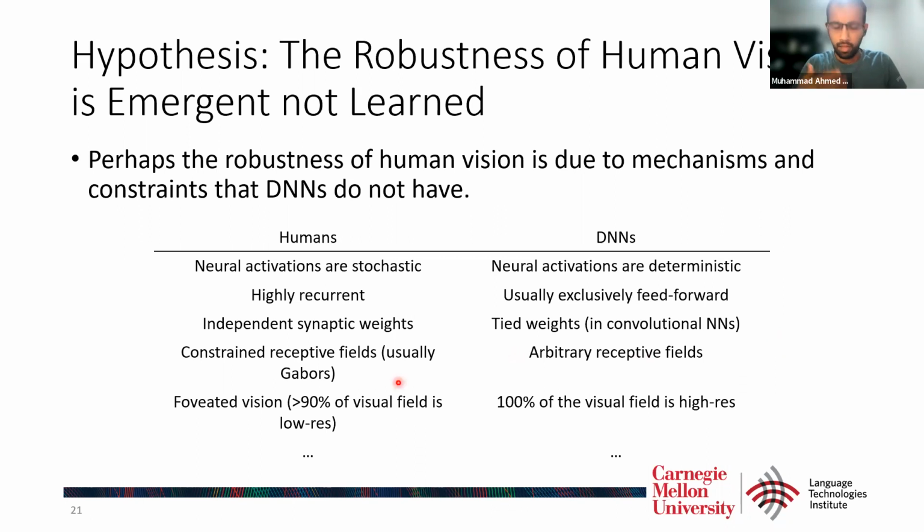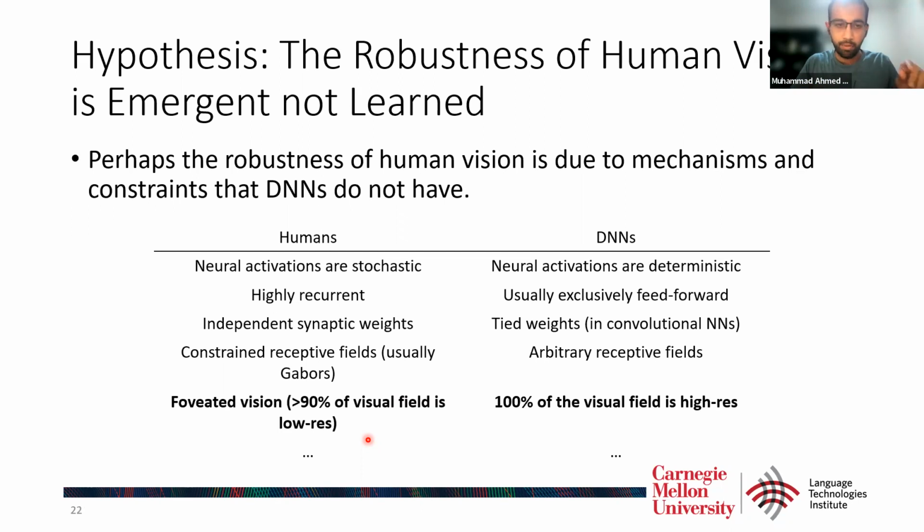Fourthly, the receptive fields of human or animal neurons are constrained in a way. They are rather smooth receptive fields, usually Gabor filters or something similar, whereas DNNs can have arbitrary receptive fields. And then finally, human or animal vision is not as high resolution as DNN vision. DNNs see the whole image in full resolution at every spatial coordinate, whereas more than 90% of the visual field of animals and humans is very low resolution.